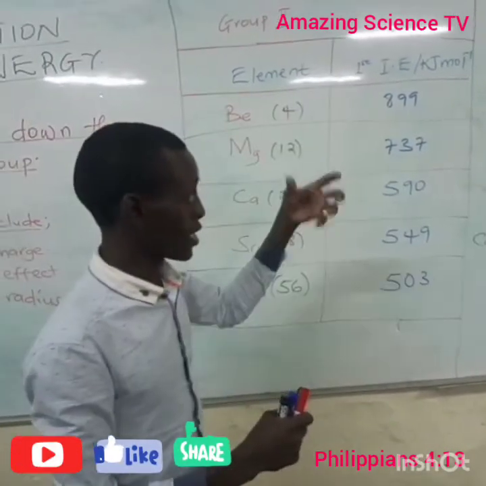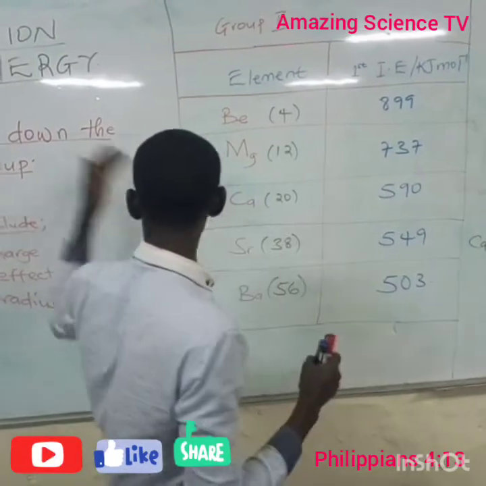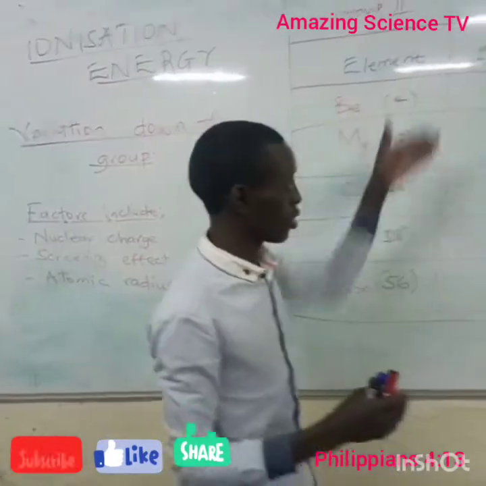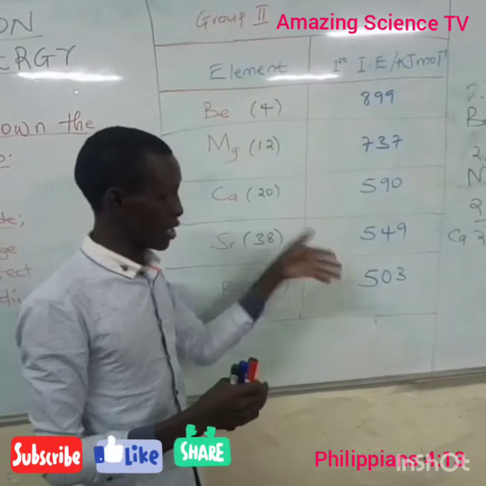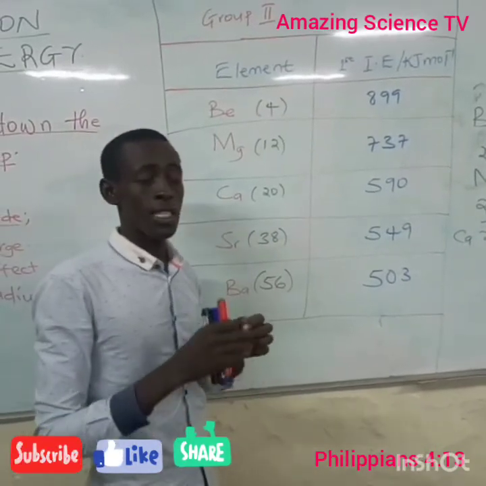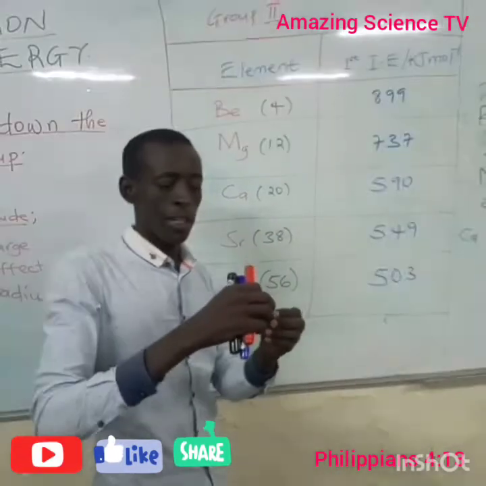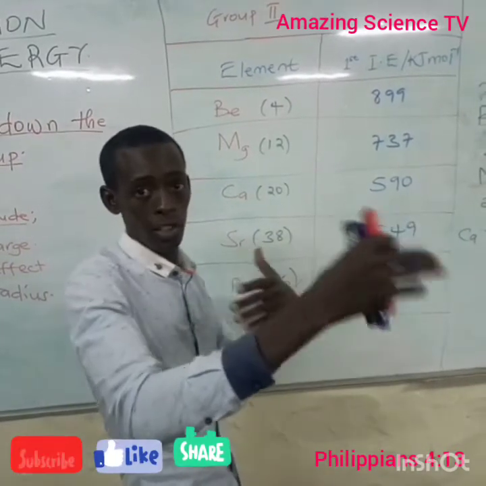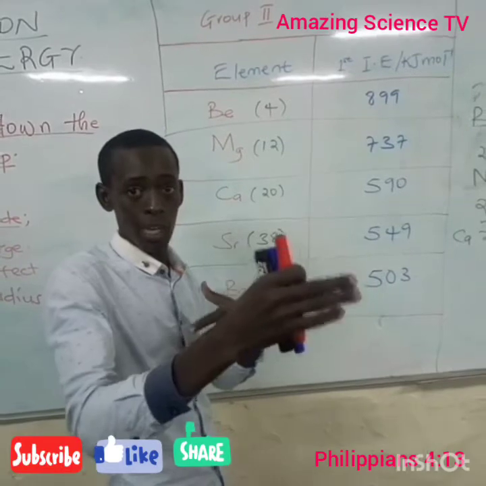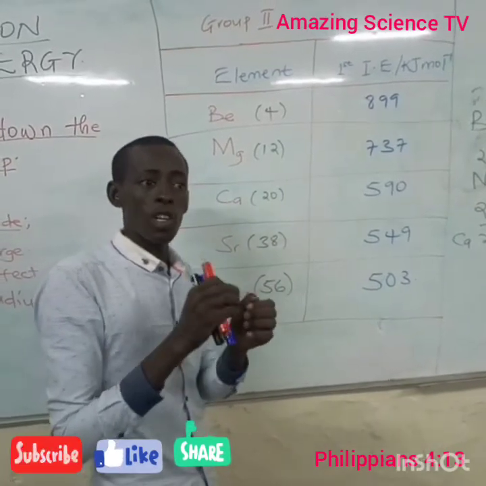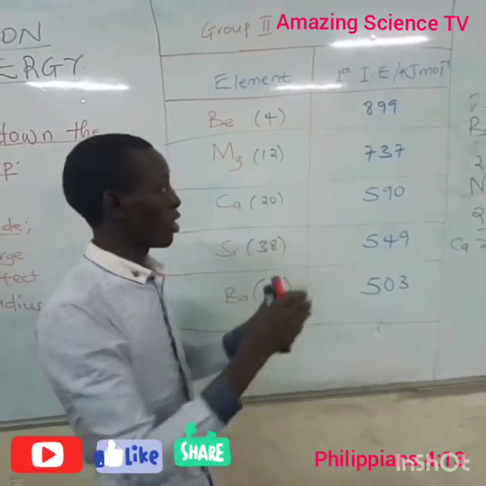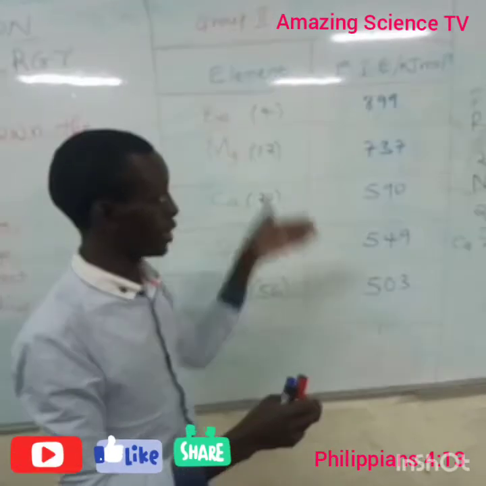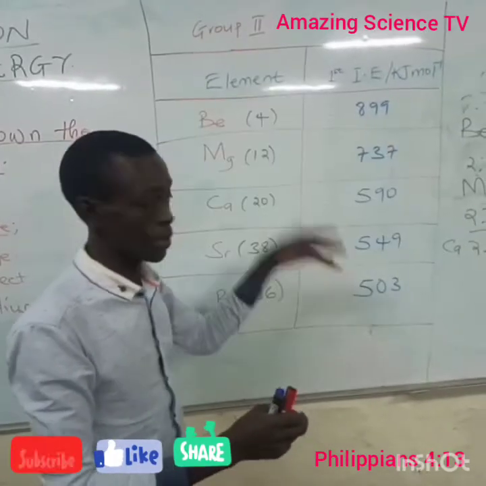So that's why ionization energy goes on decreasing down the group, because the amount of energy required to remove the outermost electrons, since they are pushed far away from the nucleus and the size is too large, is less as we move from top to bottom.